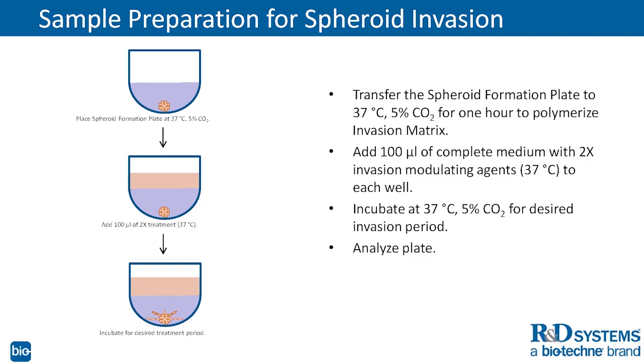We want to make sure this solution is warmed up to 37 degrees Celsius to prevent depolymerization of the matrix. Then we will incubate at 37 degrees Celsius, 5% CO2, for a desired invasion period. We generally incubate between 48 and 96 hours, and then analyze the plates for invasion. But you can analyze the plates in real time and get photographs as it's happening also.